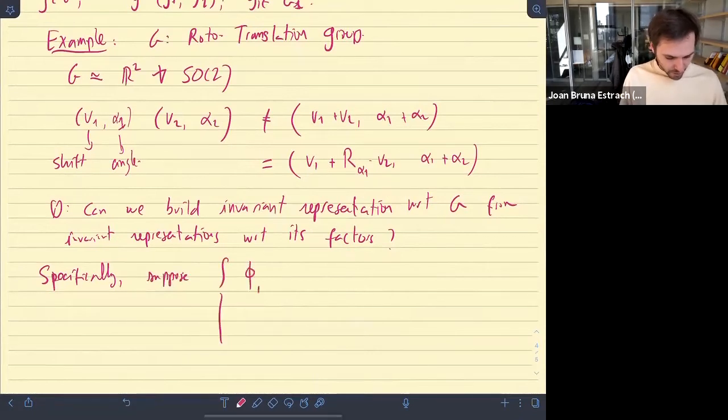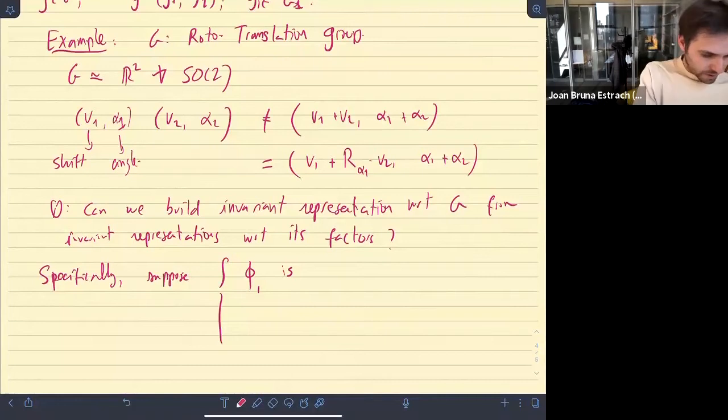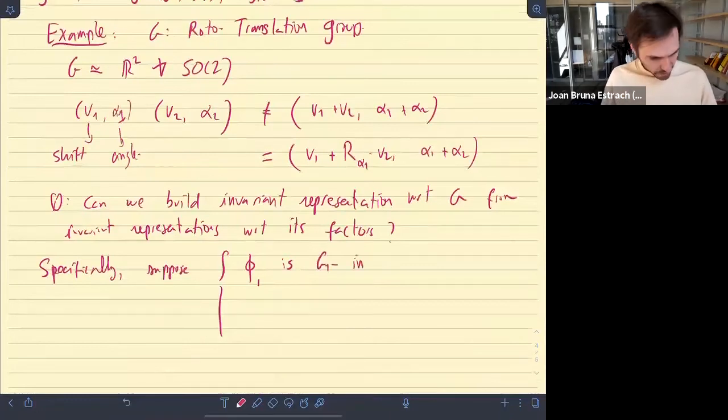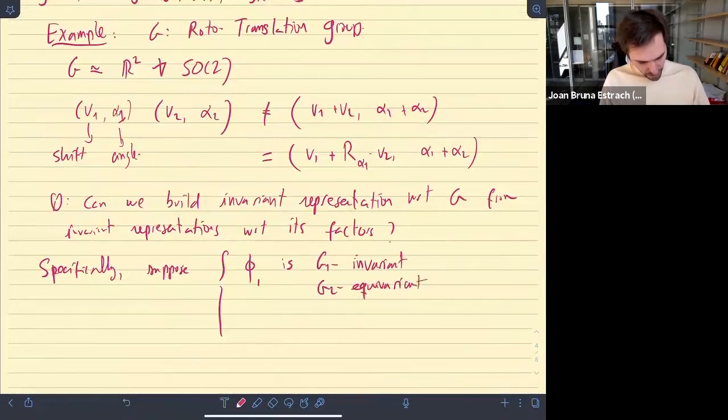I have a representation phi1 that is G1 invariant, and I also ask it to be G2 equivariant. And then I have phi2 that is G2 invariant.